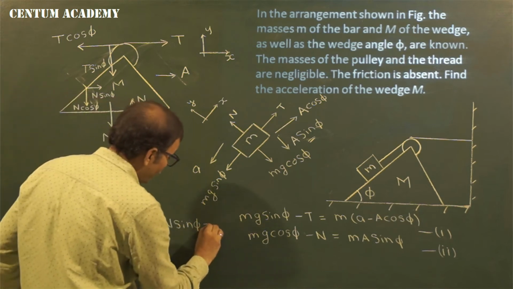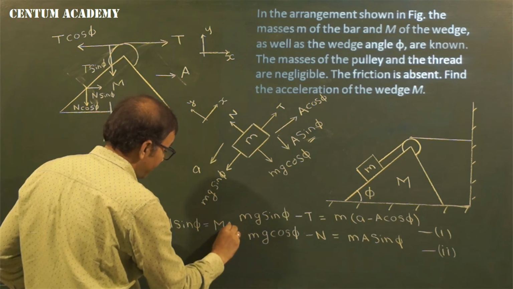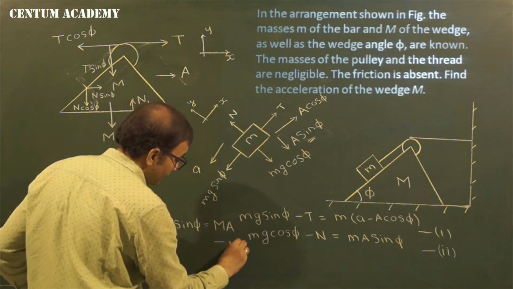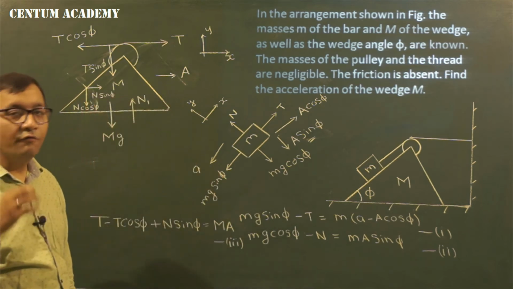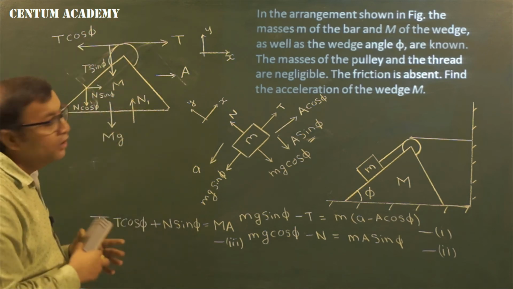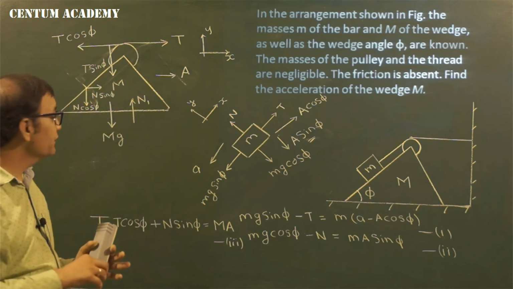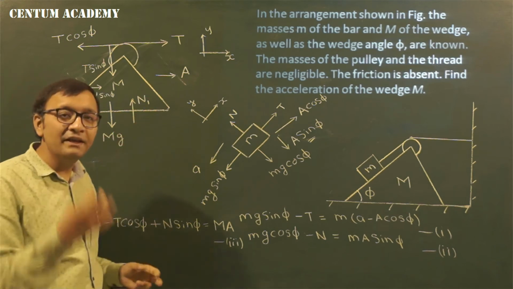This must be equal to mass into acceleration, capital A. Fine. So this is the third equation. Now the fourth equation, you may think that you'll get by writing the equation along the y-axis, but the fourth equation introduces another variable, N1. So the number of variables will increase.